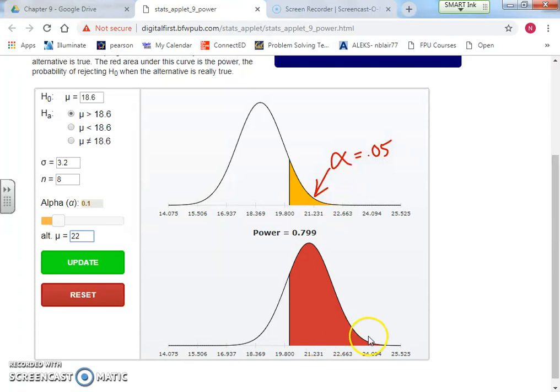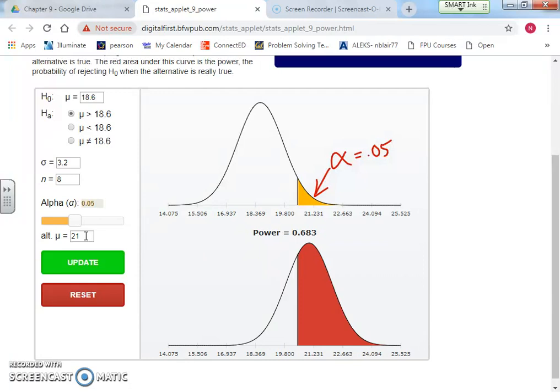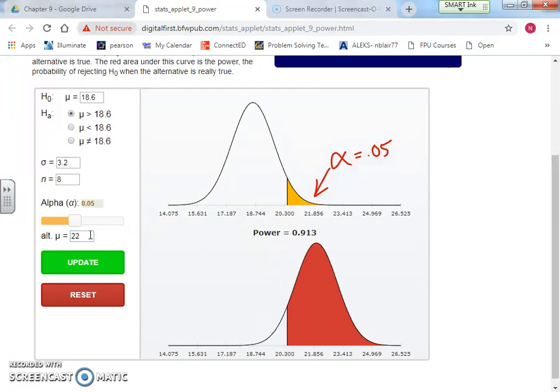We actually did that in class with the other example. So let's see what happens. If I shift that over, look, the power again got bigger. And actually I should probably set this back to the 5% level. But the power is bigger than when the truth was 21, like we were talking about before. If I changed it to an even higher truth, the power changes to 91.3.